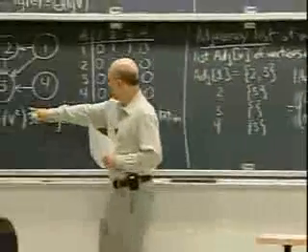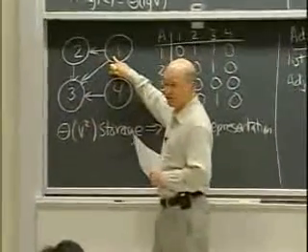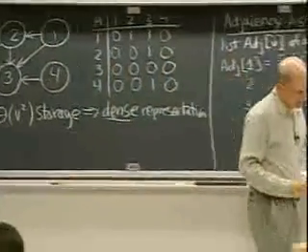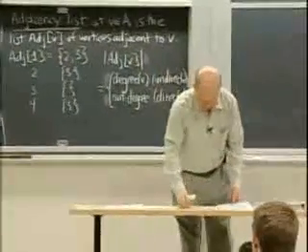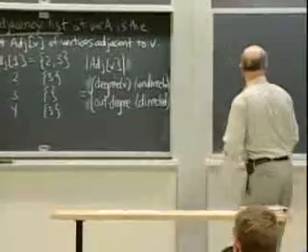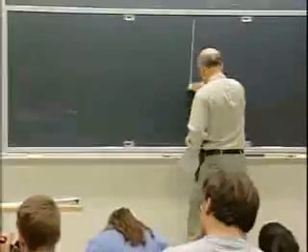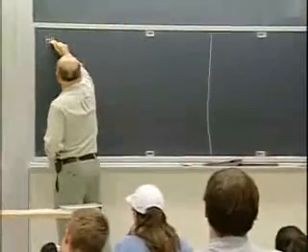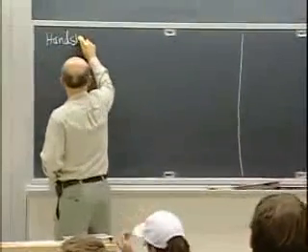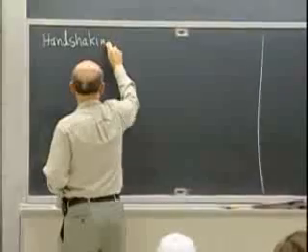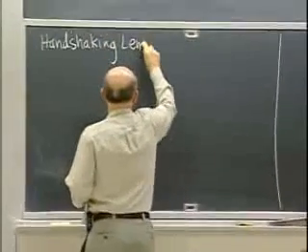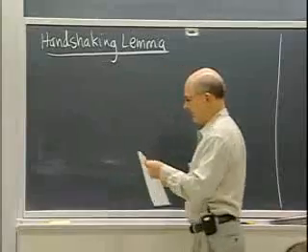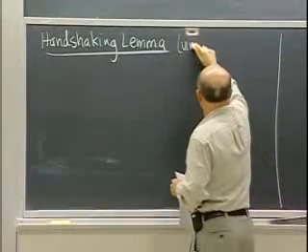Here the in-degree is 3, here the out-degree is 2. One of the important lemmas that comes up is what's called the handshaking lemma. It's one of these mathematical lemmas.